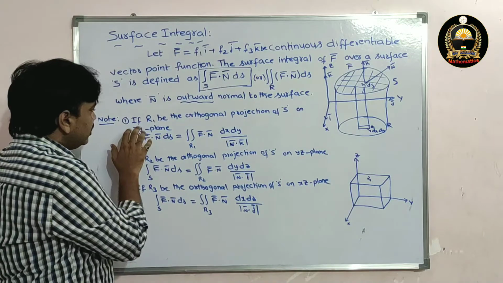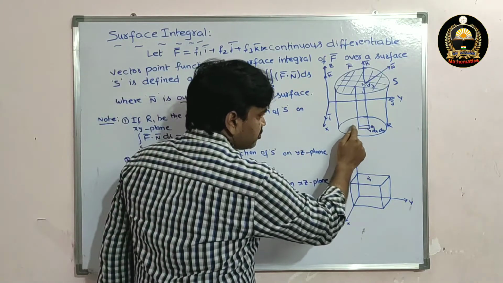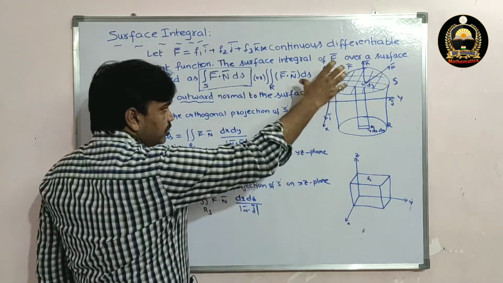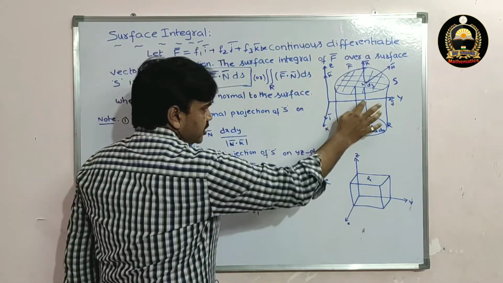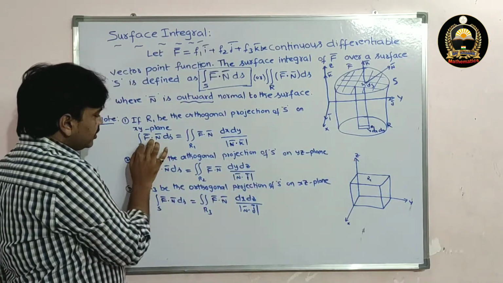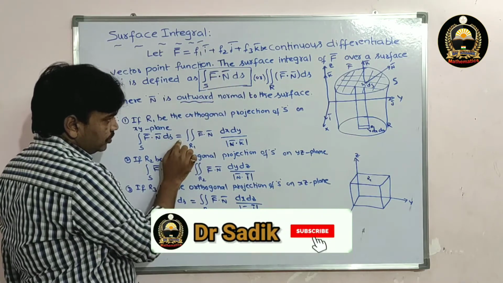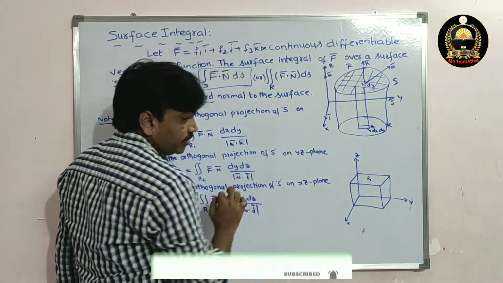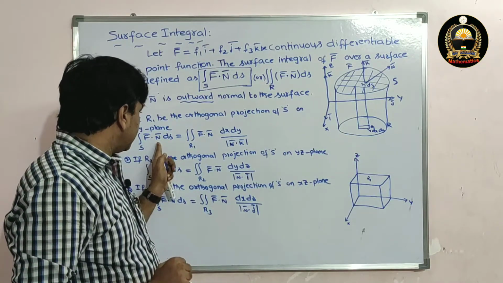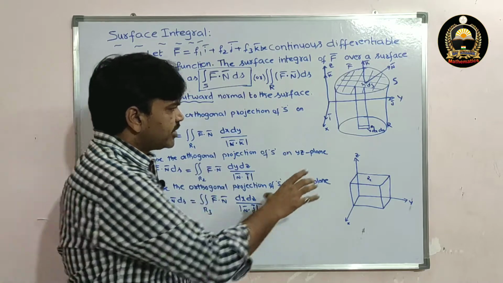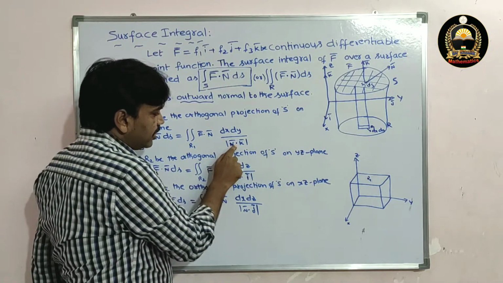If R1 be the orthogonal projection of S on the XY plane, then the integral over S of f bar dot n bar ds is equal to the double integral over R1 of f bar dot n bar dx dy divided by modulus n bar dot k bar.